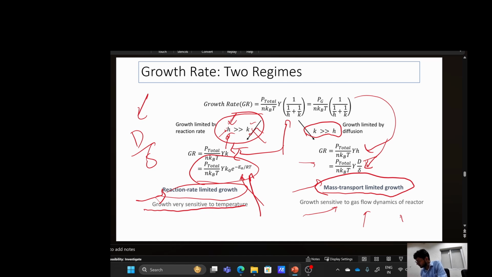This is why the growth is sensitive to the flow dynamics, because this delta depends on the shape of the reactor. That we will see.